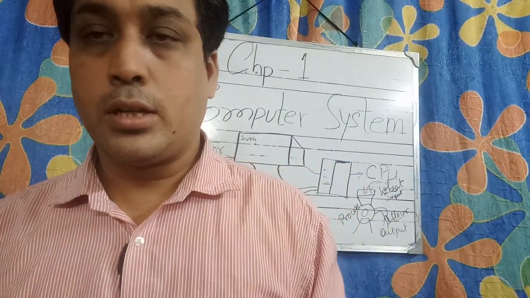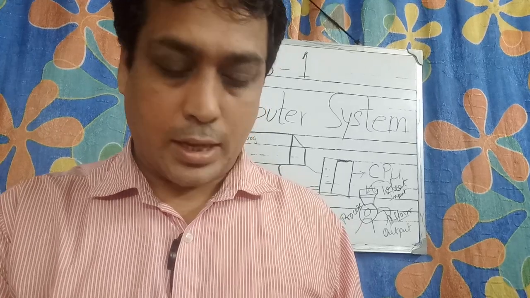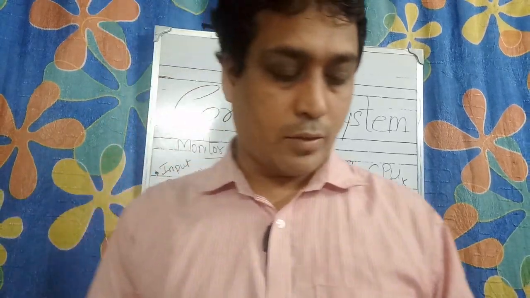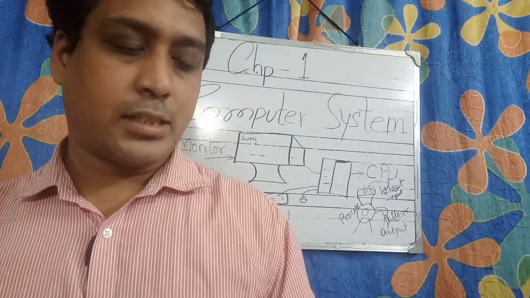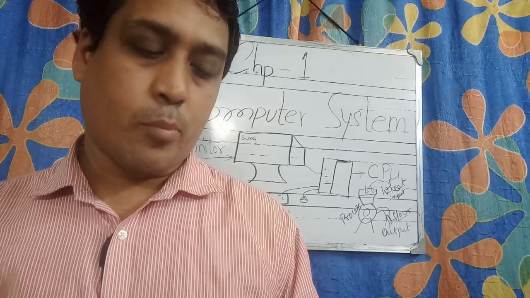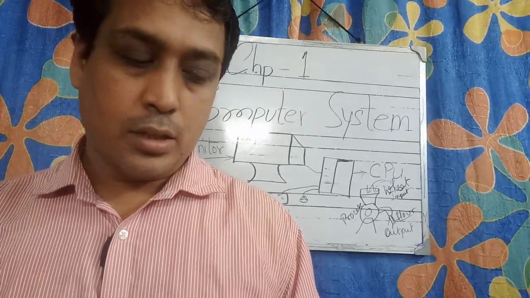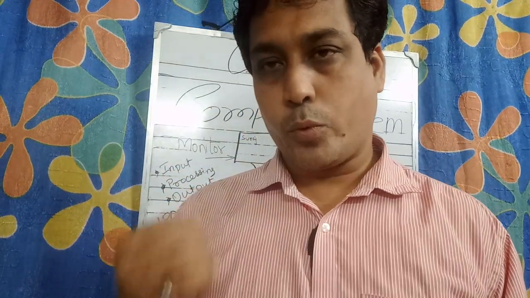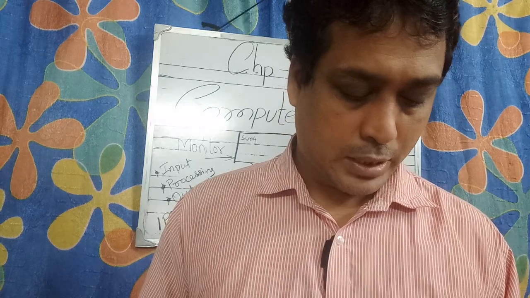So as per the text in the book which I have given you, a computer system is one that has the ability to take input, the first thing, process them, and produce output. So this is the computer system. This is the way the computer works.